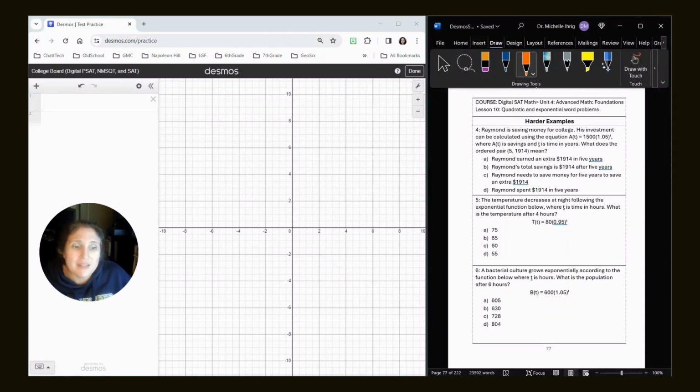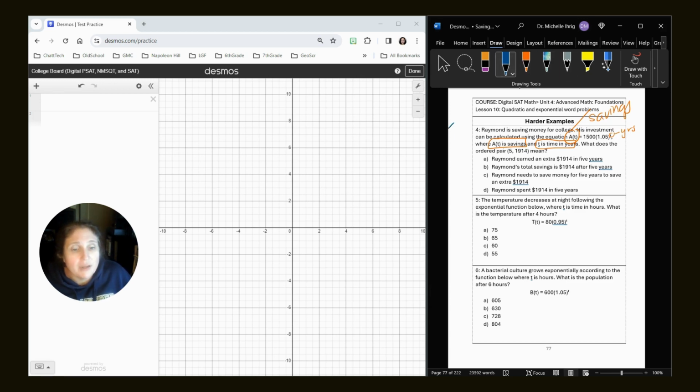All right, Raymond is saving money for college. His investment can be calculated using the equation A of t equals 1,500 times 1.05^t, where A of t is savings. Okay, so we know that this is how much savings he has, and t is years. What does the ordered pair 5, 1914 mean?